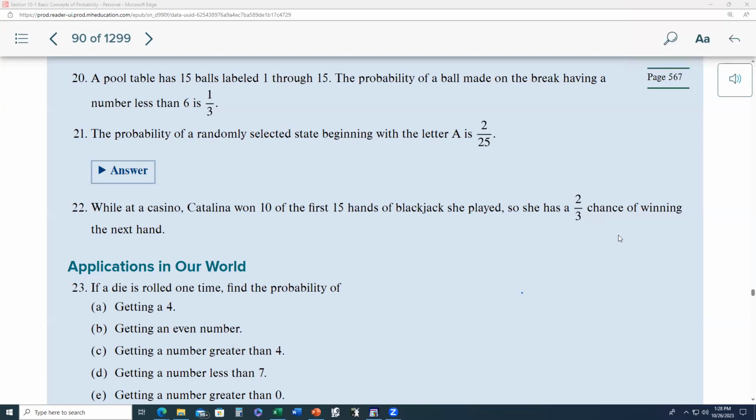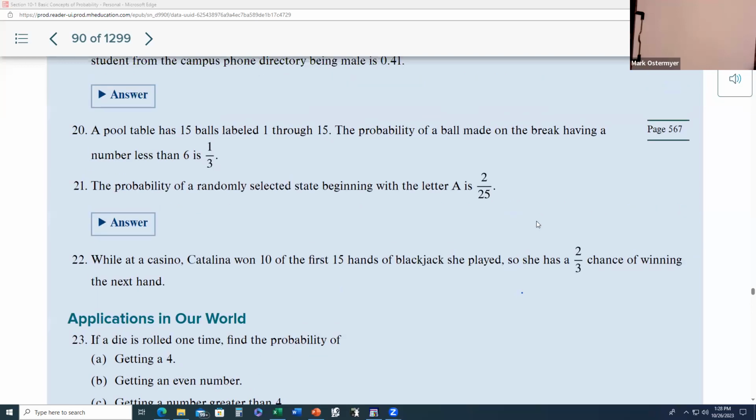Empirical? It seems like it would be relative frequency, because it's saying she won 10 out of the last 15 hands. That's a relative frequency of winnings in the past. So it seems like the next hand, we'll use that as a probability, 10/15 chances. Yeah, that seems empirical. All right, great.